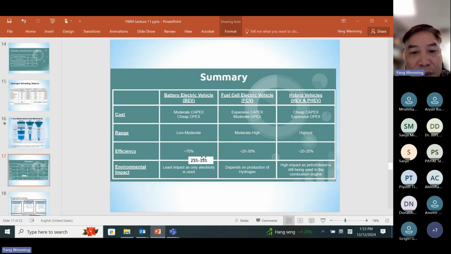However, this assumes the electricity is produced by renewable energy, correct? If we use electricity produced by the power plant, then the overall efficiency will be lower, about 25 to 35%. Still higher than fuel cell vehicles, and also higher than hybrid vehicles.